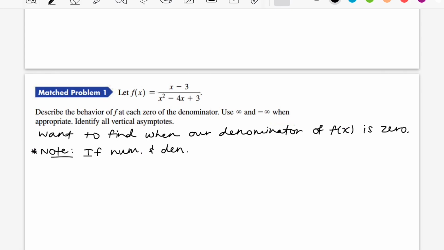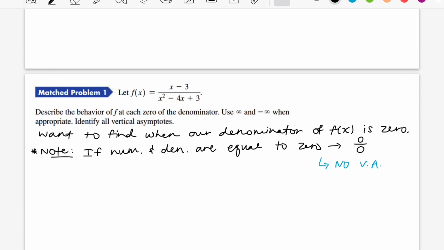So if both our numerator and our denominator are 0, then we have an indeterminate form, right? From last section, we would get indeterminate form, and this means we would have no vertical asymptote. I'm going to abbreviate vertical asymptote with VA. So just something to note here.